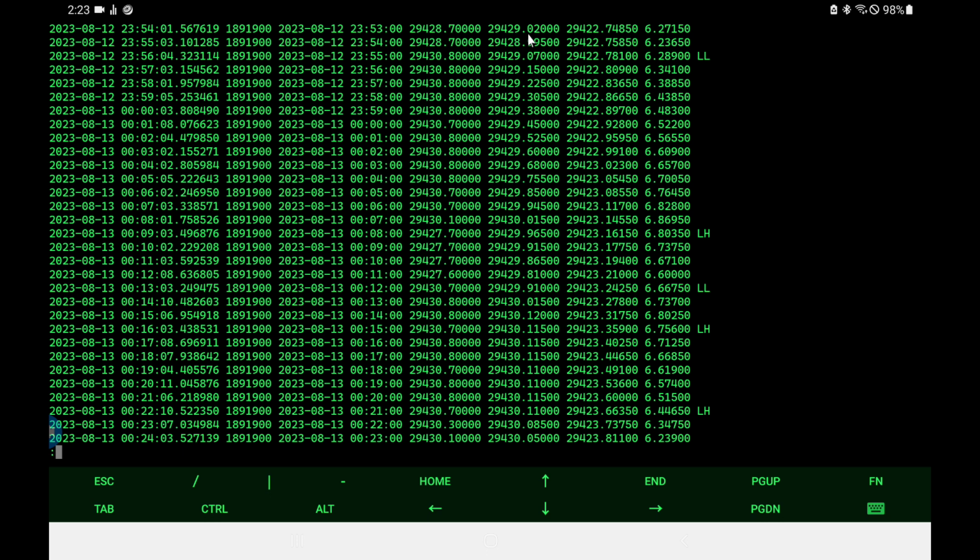Now this isn't directly using a crossover technique, but it's using a particular pattern to look for the market in a particular state or situation. It gives us the opportunity to take technical analysis to a whole new level.